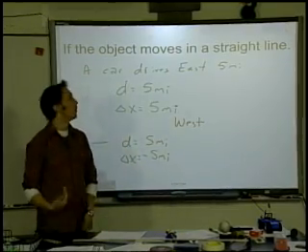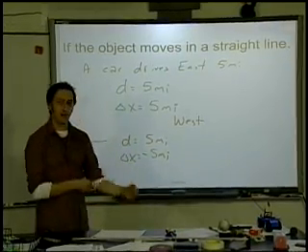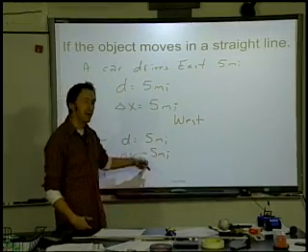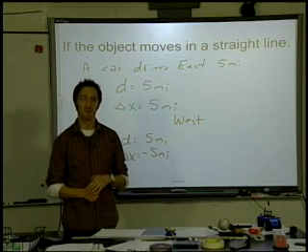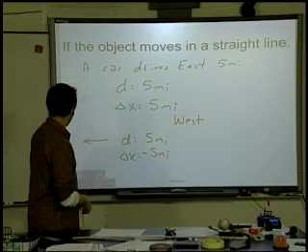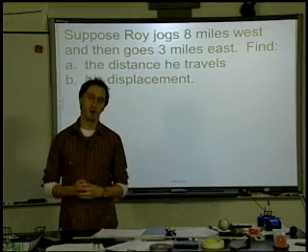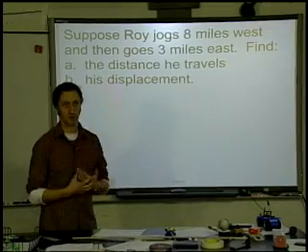Okay? So, as long as your object is moving in a straight line, your distance and displacement are going to be the same number. The only difference is your displacement might be negative if you're moving in a negative direction. Okay? So, what's more interesting then is what happens if the object doesn't travel in a straight line.